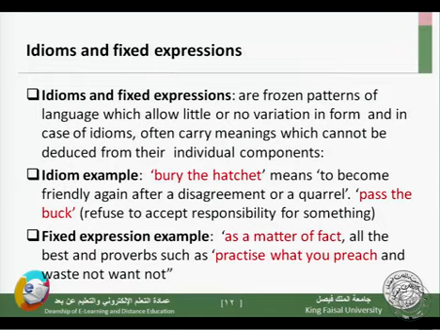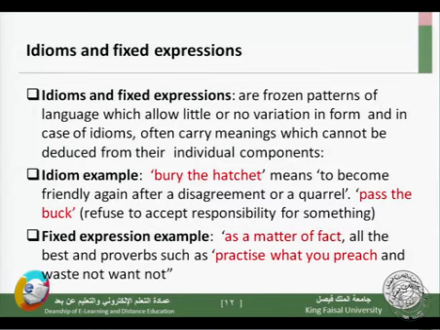Now, an example of an idiom: bury the hatchet. Bury the hatchet means to become friendly again after a disagreement or a quarrel. You cannot understand the meaning of the idiom from one word. Another: pass the buck. Pass the buck means to refuse to accept responsibility for something. This is how you need to understand it: he always passes the buck. Simple.